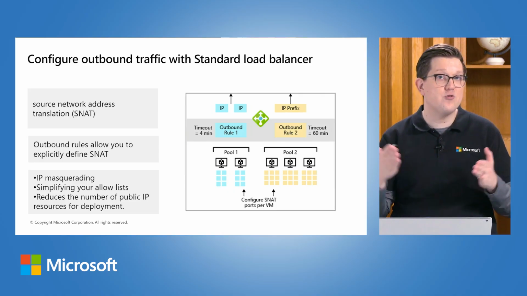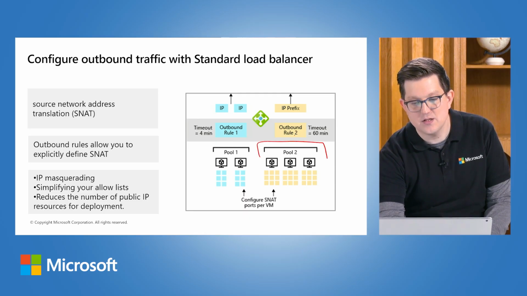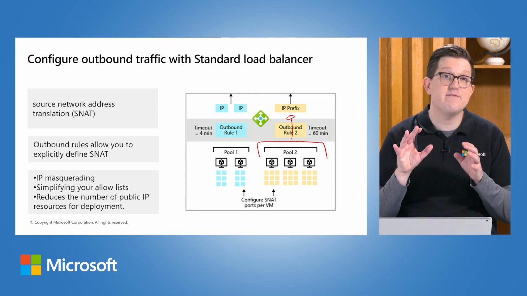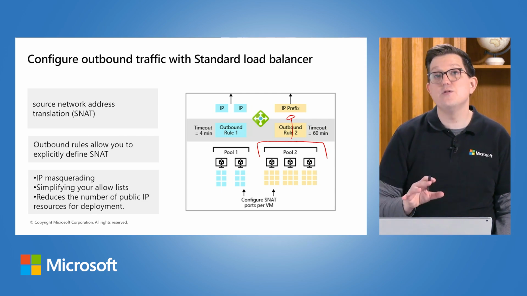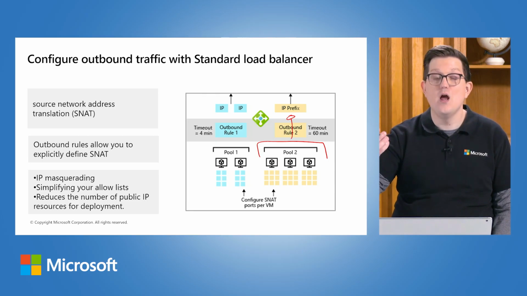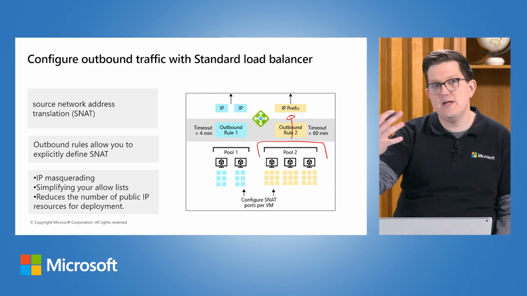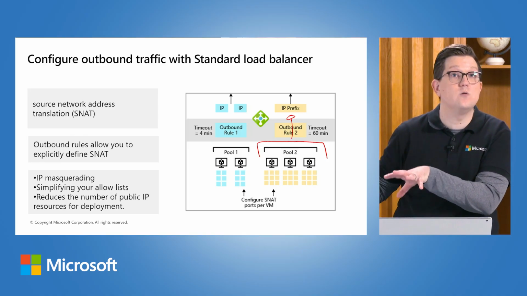We can actually control it, and so everything in that back end communicates through one or more IPs that front your load balancer there. This is extremely good if you want to ensure that, well, maybe an application knows that this IP, whether it's coming in or out, represents that whole load balancer pool as a whole.